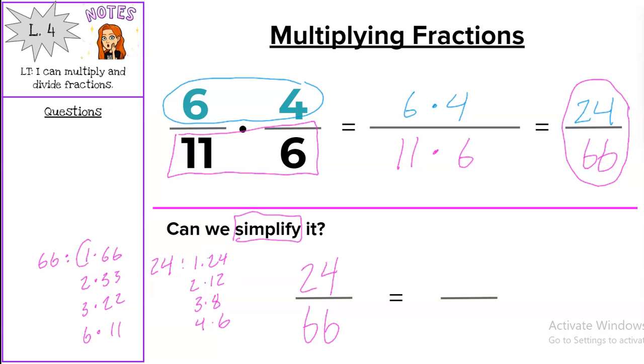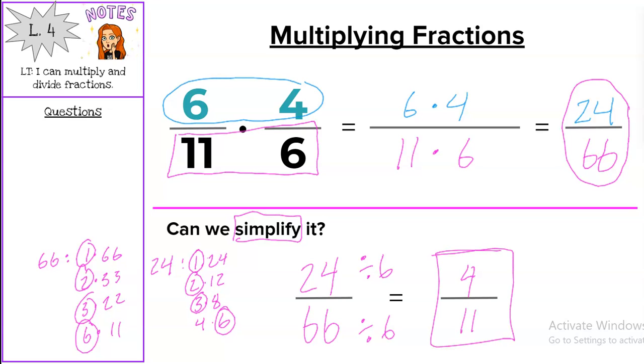And they have in common 1, 2, 3, and 6. And then the largest one is 6. So we would divide our top number and our bottom number by 6. So 24 divided by 6 is 4, and 66 divided by 6 is 11. So our simplest fraction would be 4 over 11.